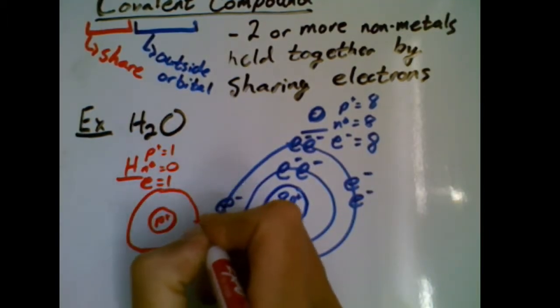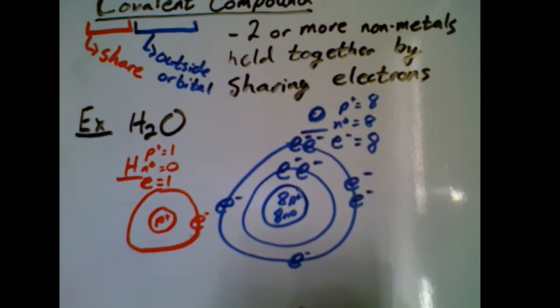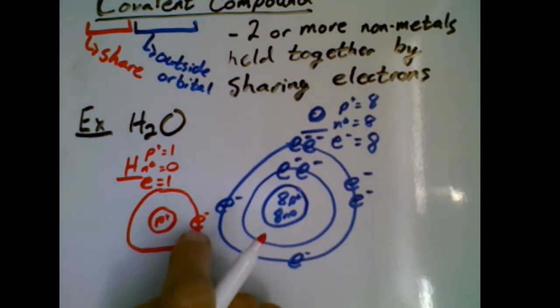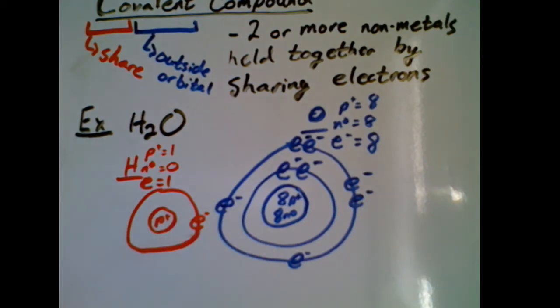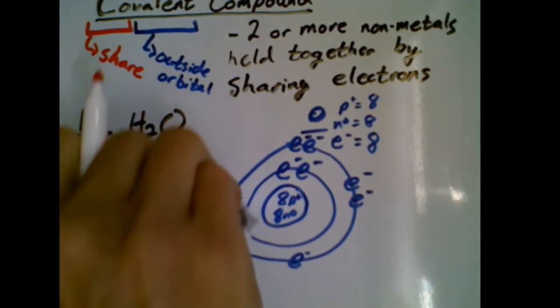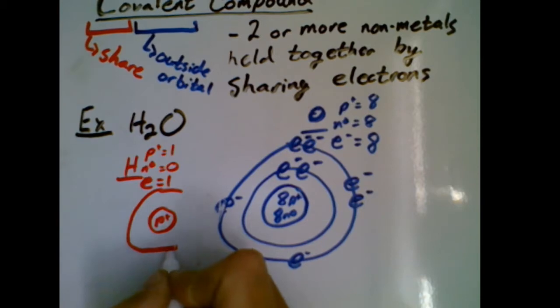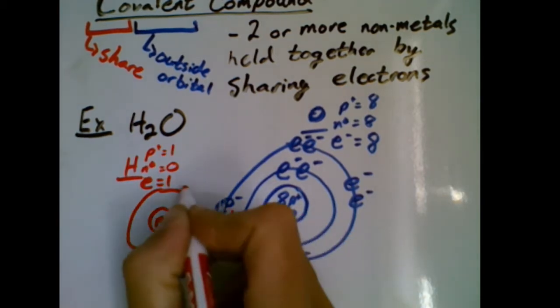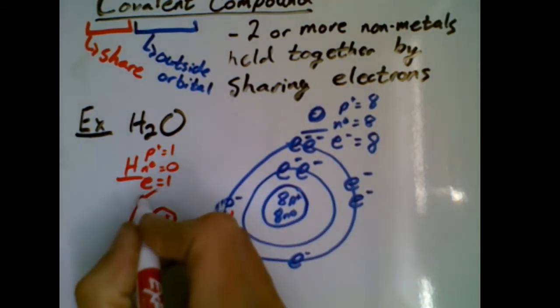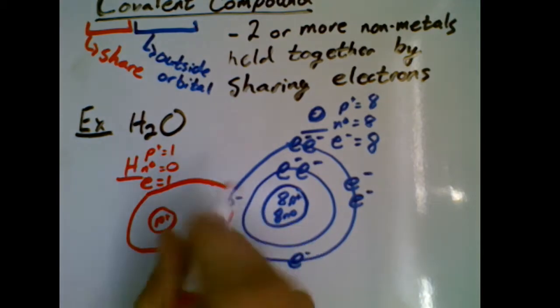And it's going to have 1 electron in it. Now, what's going to happen to make this a covalent compound is that 1 electron is actually going to share an orbital with the hydrogen.